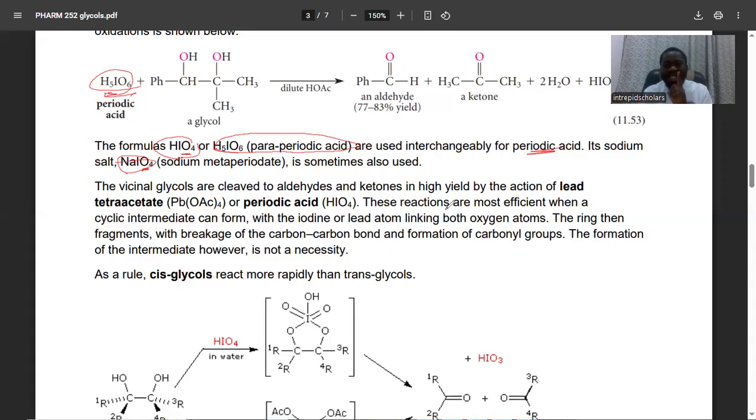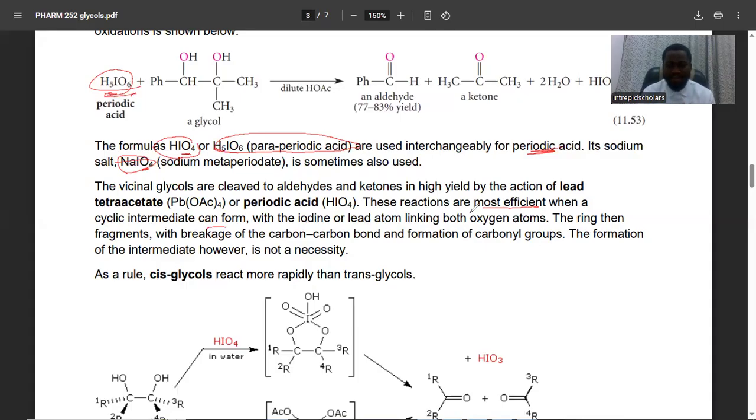We are seeing that these reactions are most efficient when a cyclic intermediate can form with iodine or lead linking both oxygen atoms. The ring then fragments, so they are describing the process to us, with breakage of the carbon-carbon bond and formation of carbonyl group.